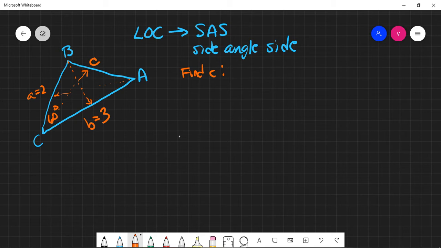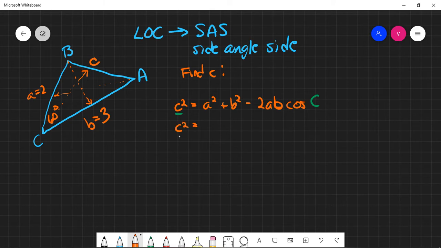So which one of those do you use? The one that has the c squared on it. Whatever side you're looking for, you're using the other 2 in the equation: a squared plus b squared minus 2ab, and then the cosine of the same angle. That's always what's at the end there. So we can just plug these things in here.